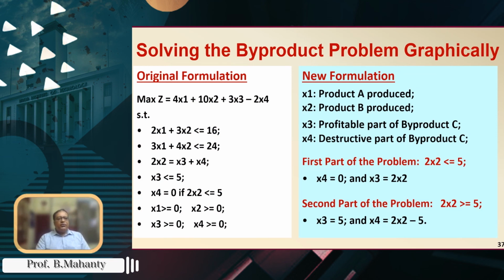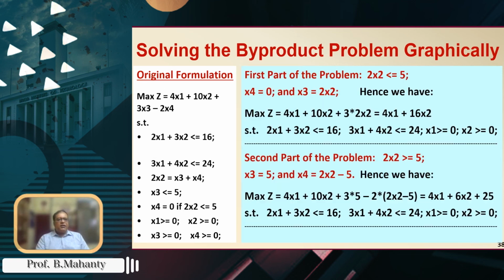So in the new formulation, in the first part x4 equals 0 and x3 equals 2x2, and in the second part x3 equals 5 and x4 equals 2x2 minus 5.